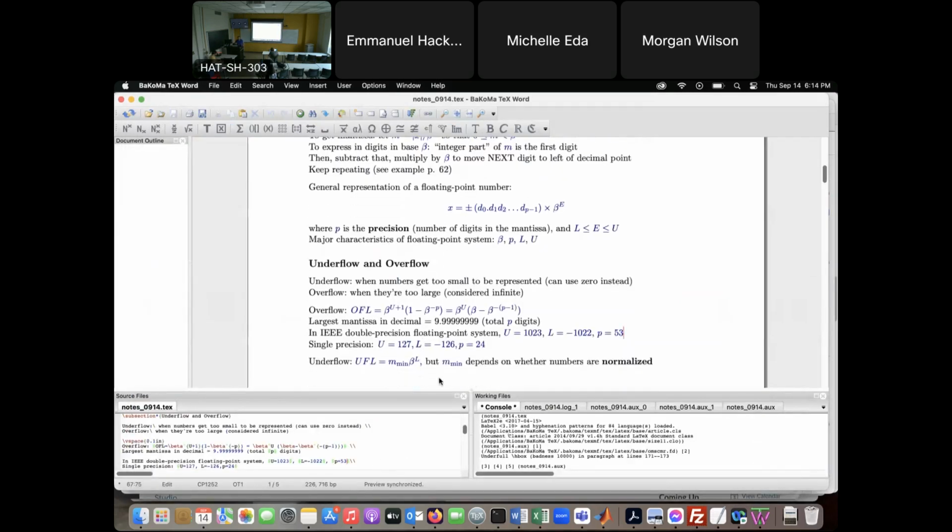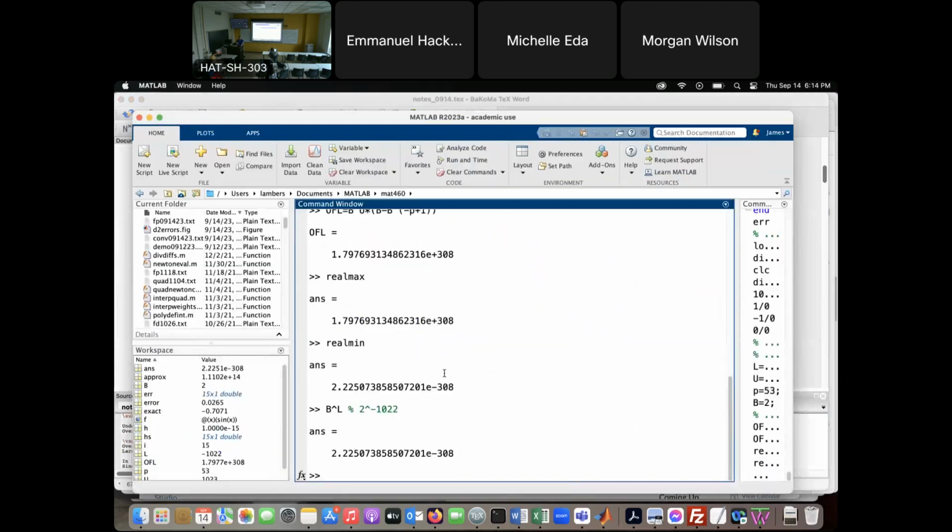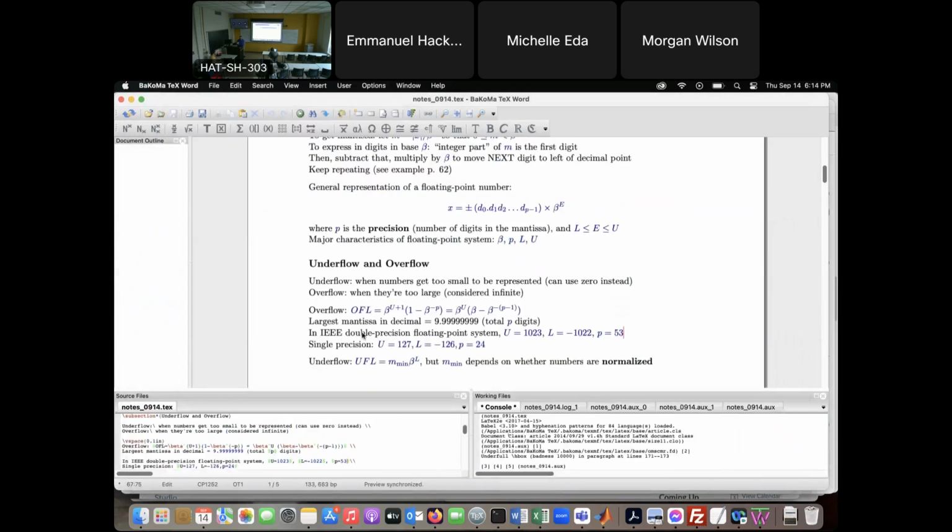So I have this expression for the overflow level that I covered earlier. Underflow level is base raised to the smallest exponent, but it has to be multiplied by the smallest possible mantissa.